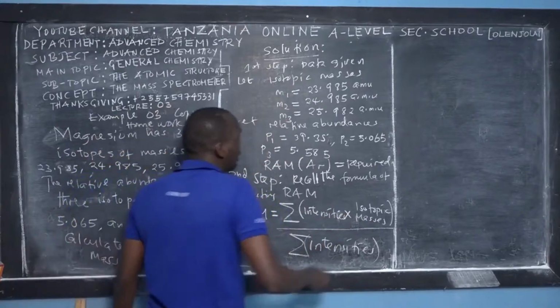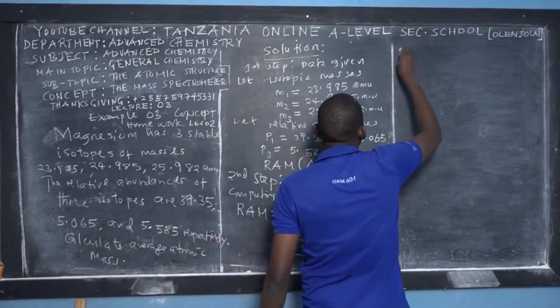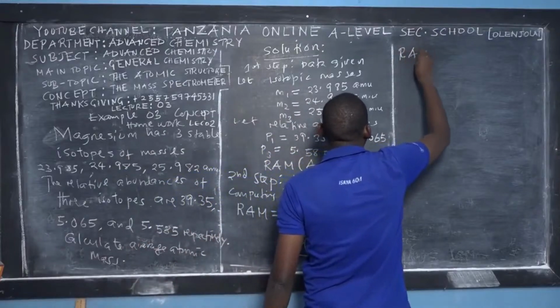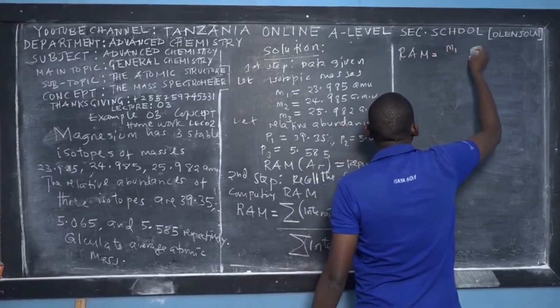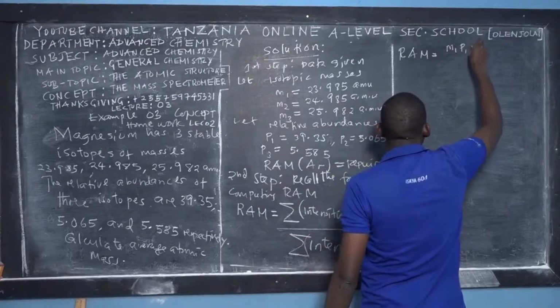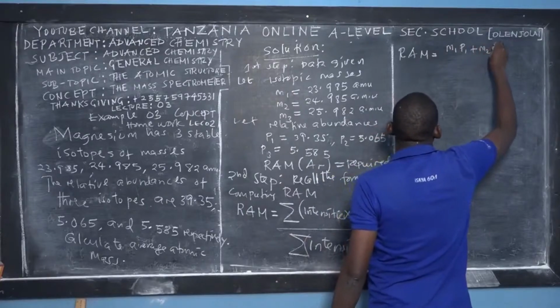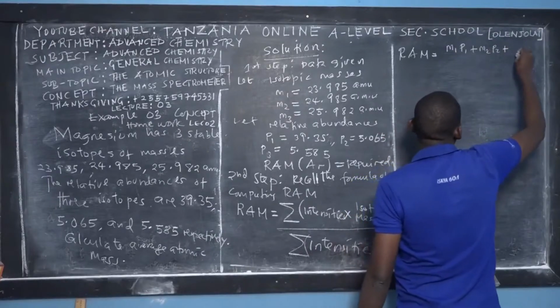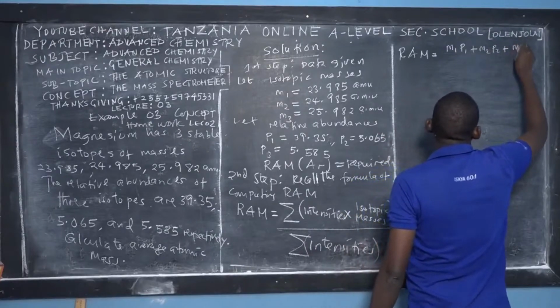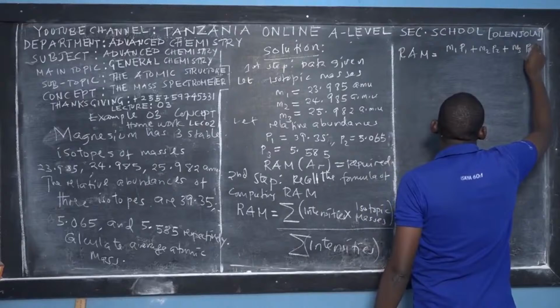Again, using the symbols we have defined, the relative atomic mass in this case will be mass 1 times intensity 1, plus mass 2 times intensity 2, and then mass 3 times intensity 3.